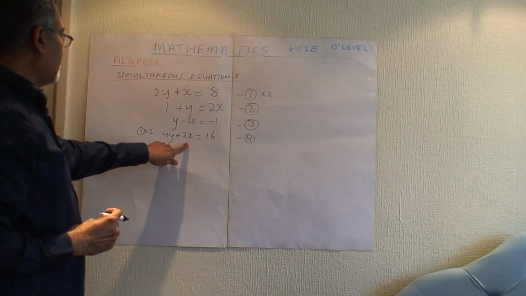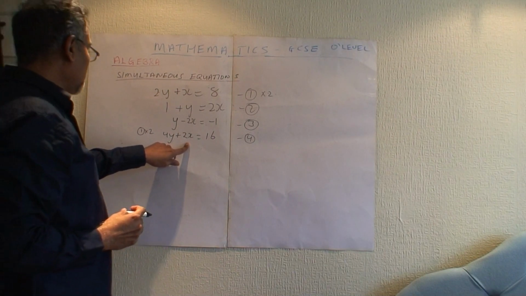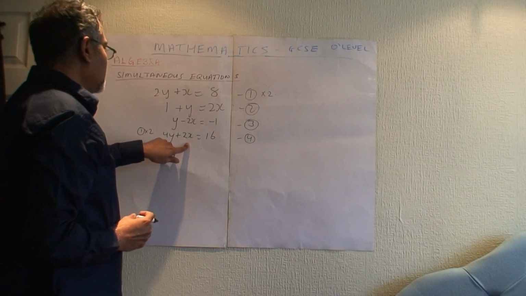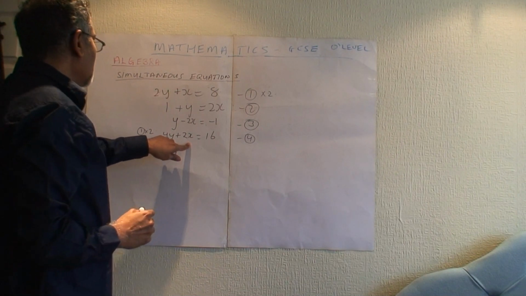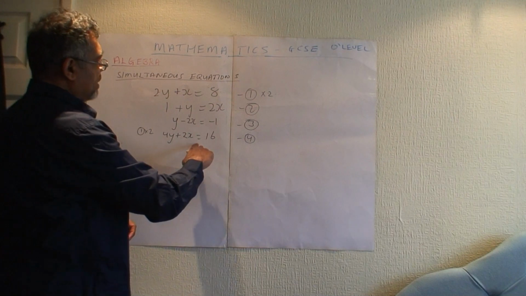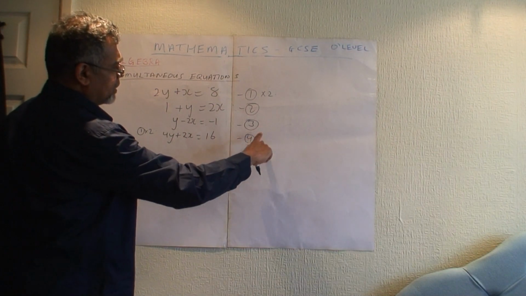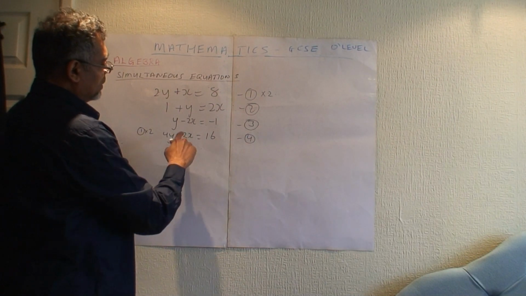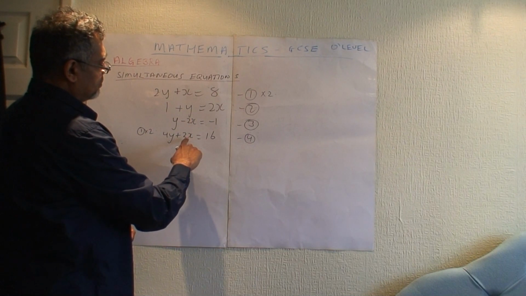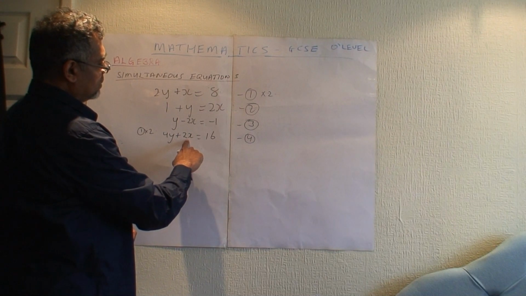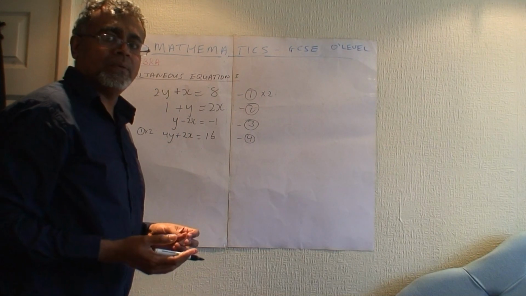Now what we're going to do is add equation 3 and 4, because when you take negative 2x and add 2x, it becomes 0, which is what we want to do.